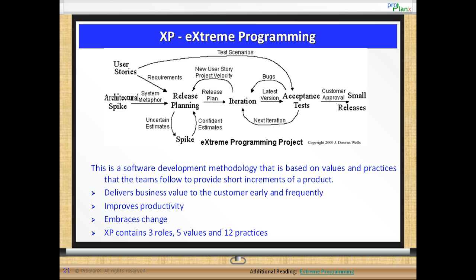All this is engineered to deliver business value to the customer early and frequently. XP improves productivity and embraces change. Extreme programming contains 3 roles, 5 values, and 12 practices. Let us move on to discuss these in increasingly greater detail.